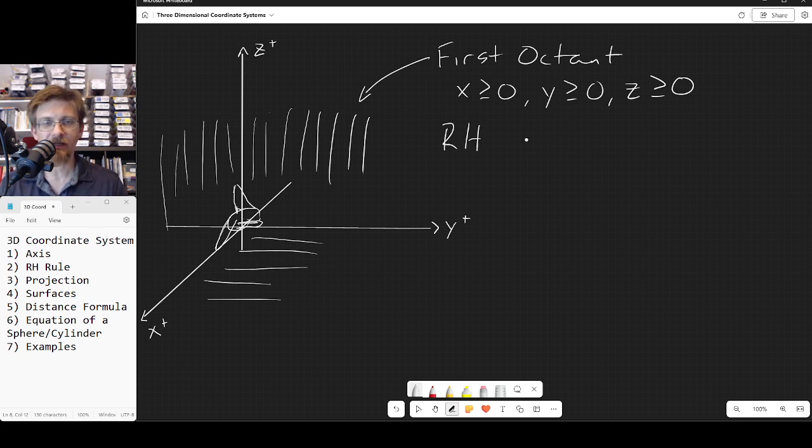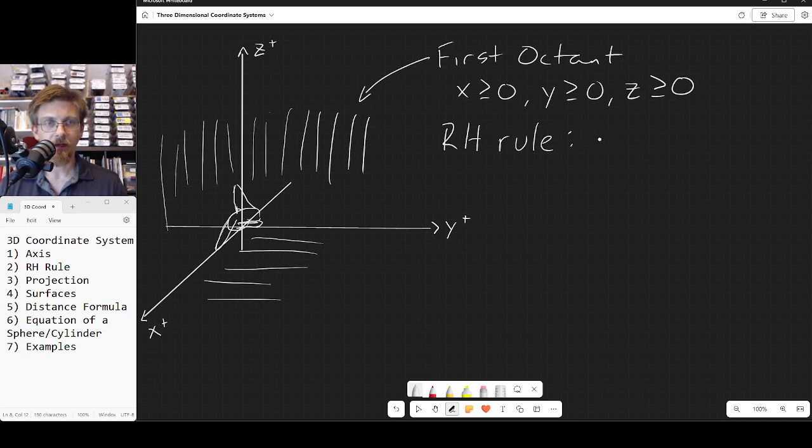It's more important in engineering and physics, but if you ever want to know which way the x, y, and z axes should be pointing, you wrap your right hand around the z-axis, and then point your index finger along one of the axes, and then the other one will be the positive y-axis.